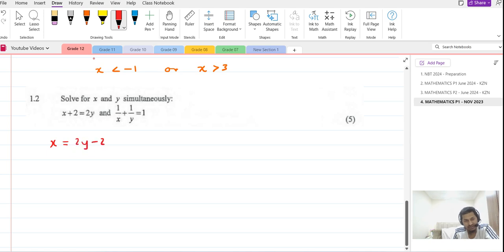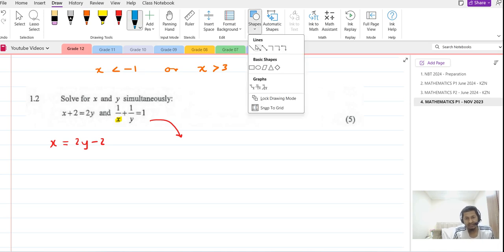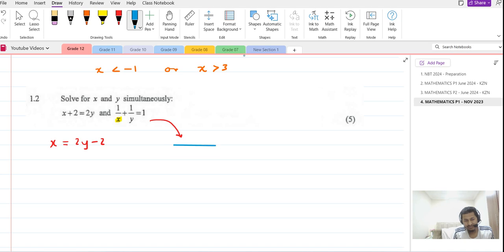Now since this is the value of x, we're going to substitute it here. Now instead of substituting there, why don't we simplify this function? Because we know our LCD is xy, and this will become y plus x equals, because x can go into xy y times, so y times 1 is y, and y can go into xy x times, so x times 1 is x, is equal to 1.